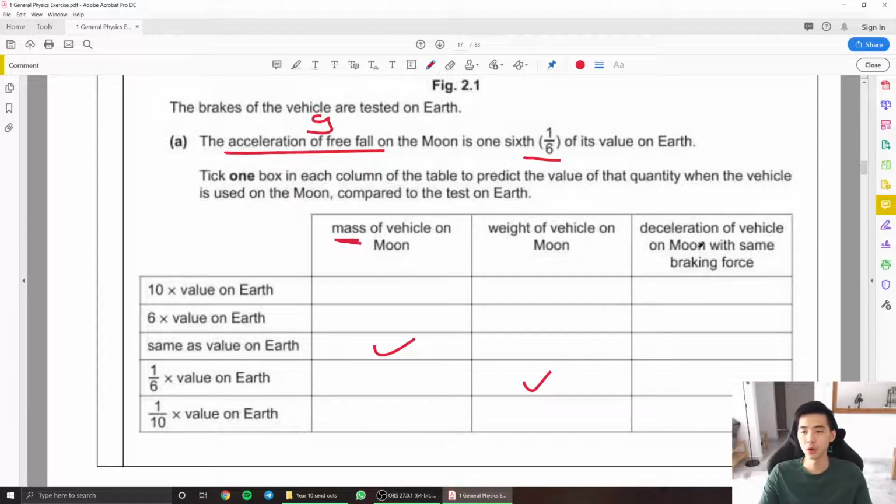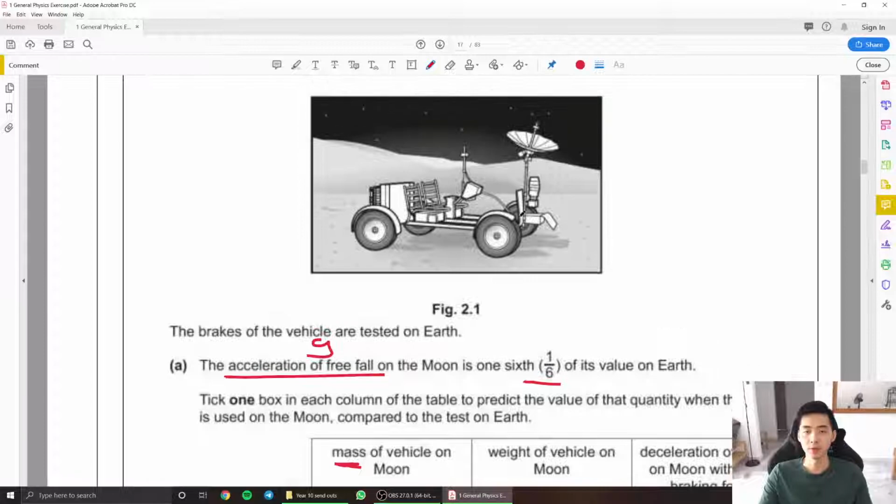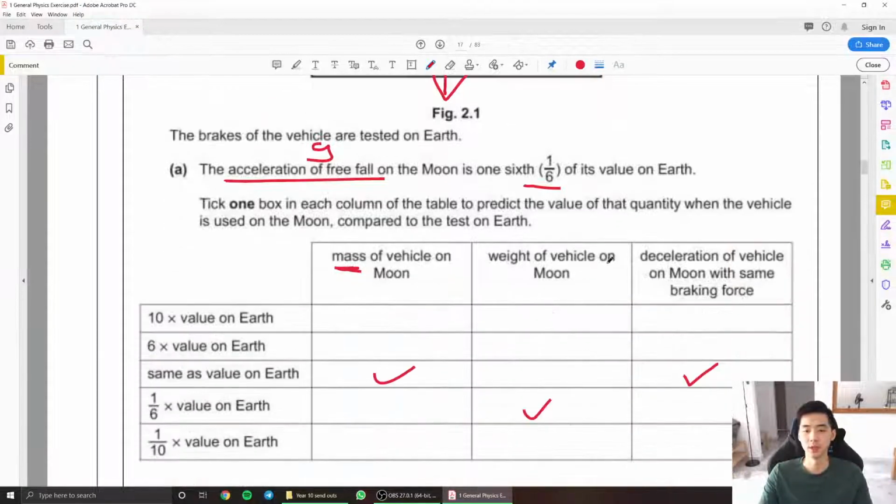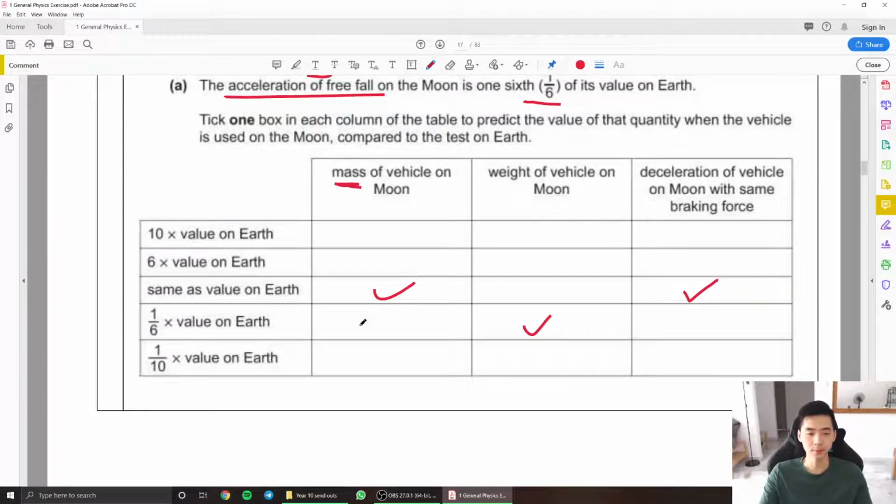And the acceleration of the vehicle with the same braking force should be the same. Why? Because if the vehicle is decelerating, it is applying a horizontal force. Gravitational field strength is a vertical force. Vertical forces have no effect on horizontal forces and thus it should be the same as the value on Earth.